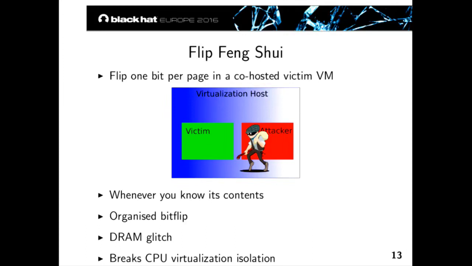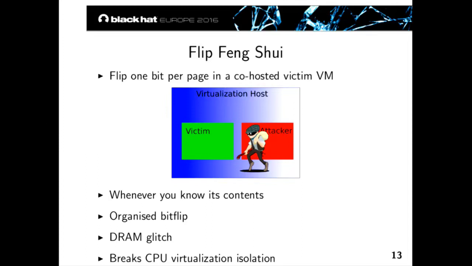Feng Shui is a reference to the ancient Chinese philosophy of the harmonious organization of objects. The modern correspondent of that for us is organizing physical memory so that the Rowhammer glitch will occur exactly where and when we want it to, and for that we use this memory organization technique, in this case, memory deduplication. And the flip is a reference to the Rowhammer glitch, which flips a single bit.